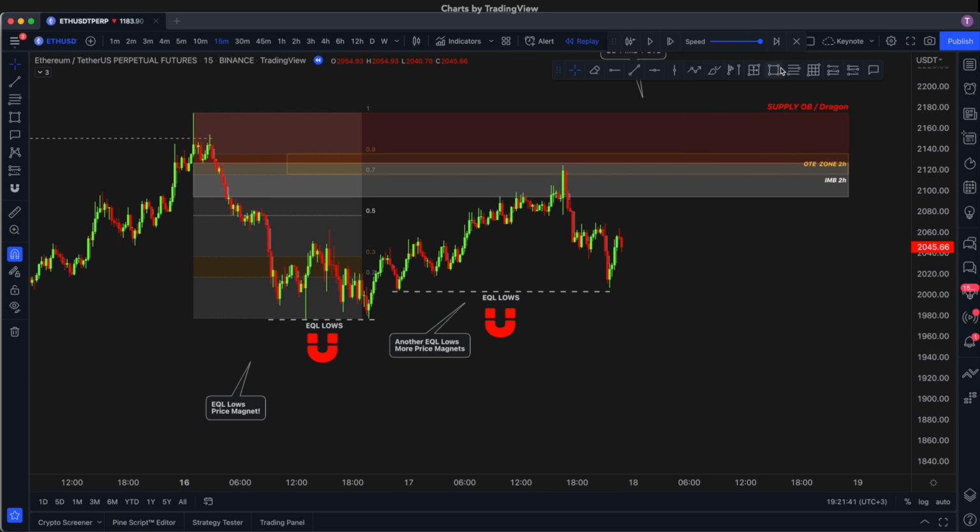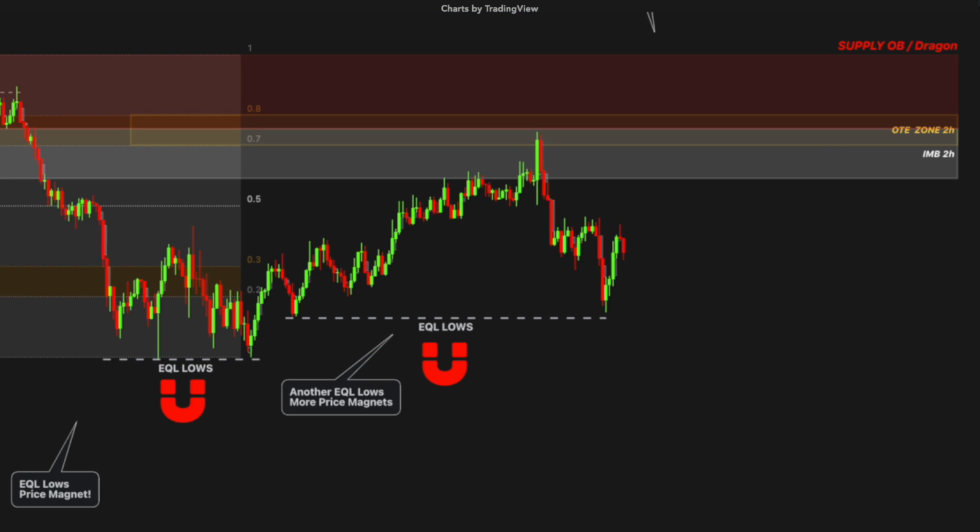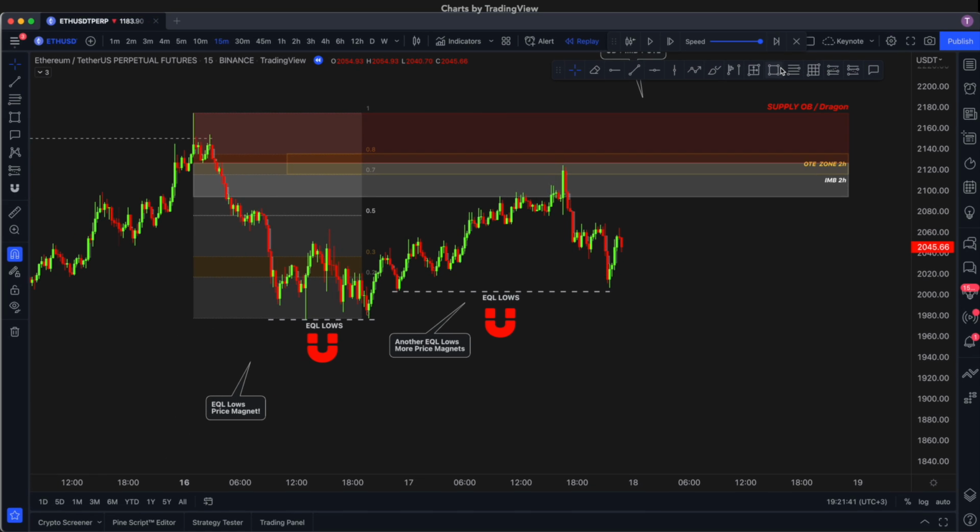Do you remember how I keep saying the price is drawn to two things, liquidity and imbalances? Equal lows are the easiest way to determine price bias. Price is always drawn to them to hunt the stop losses.